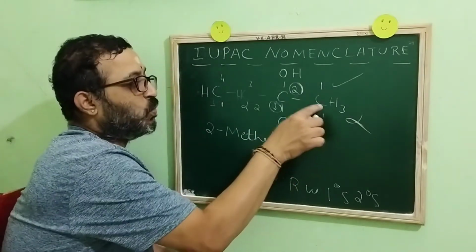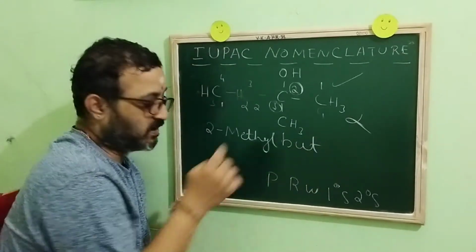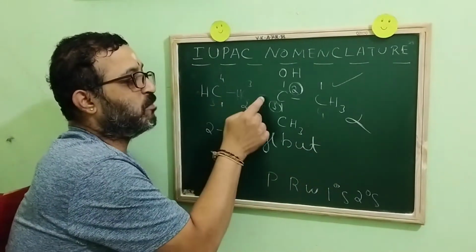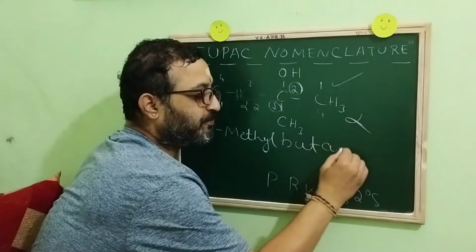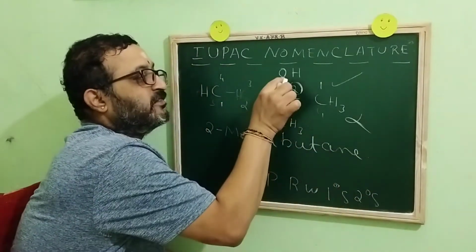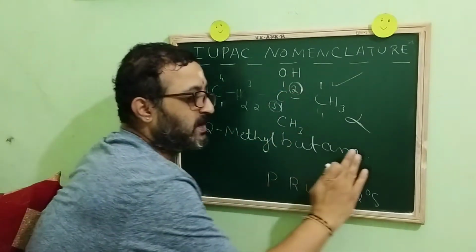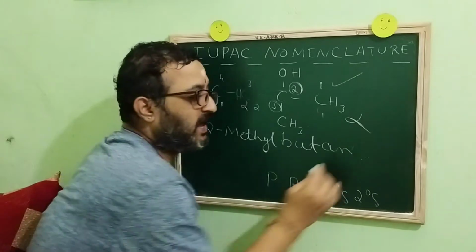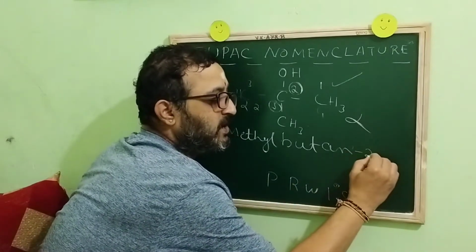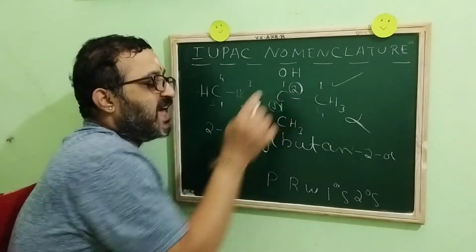After that, the root word, 1, 2, 3, 4, is but. Then the primary suffix, single bond, single bond, single bond, is ane. And then the secondary suffix, the functional group OH attached to the second carbon. I will remove the E and write hyphen 2-ol because it is an alcohol.